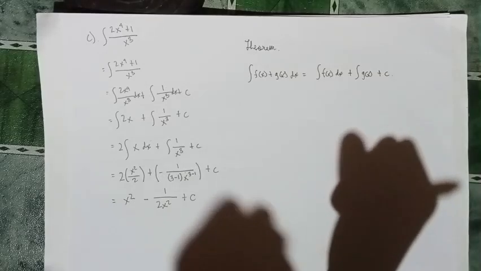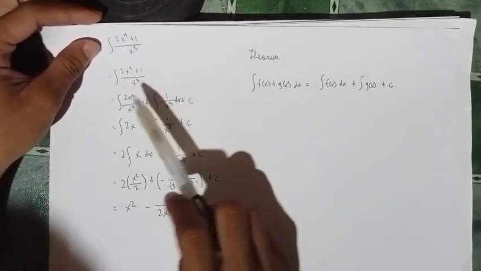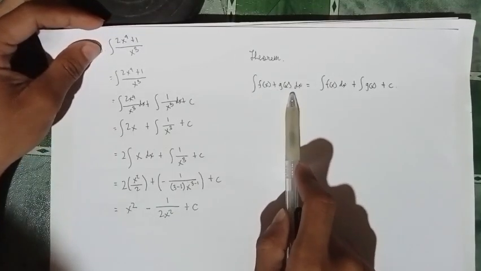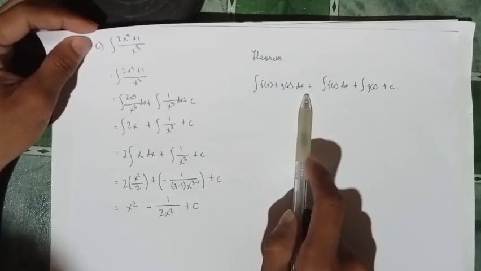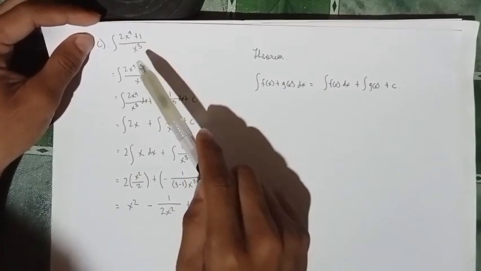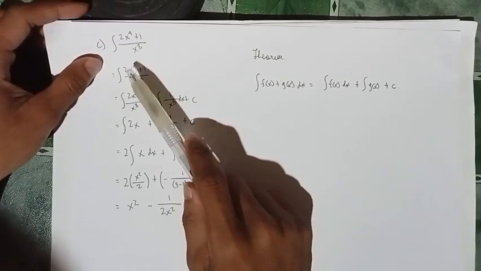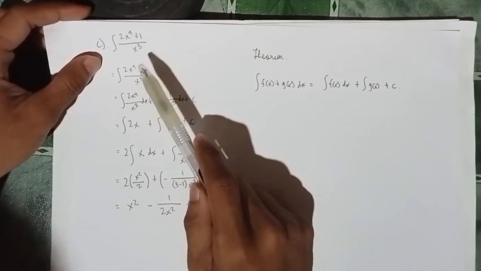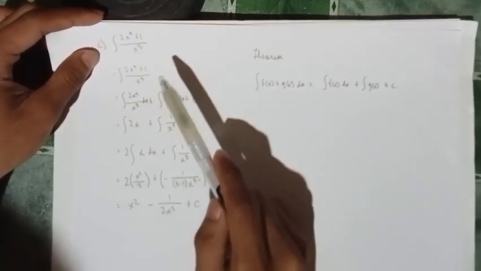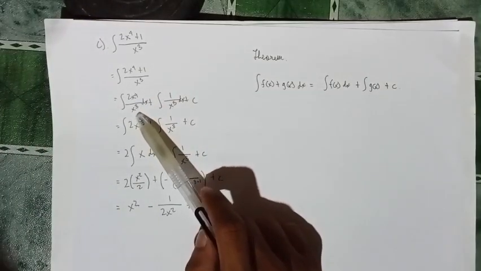So we can separate the integral of 2x raised to the power of 4 plus 1 all over x cubed.